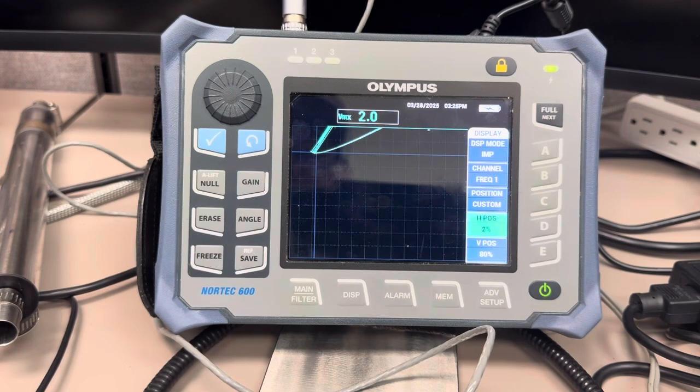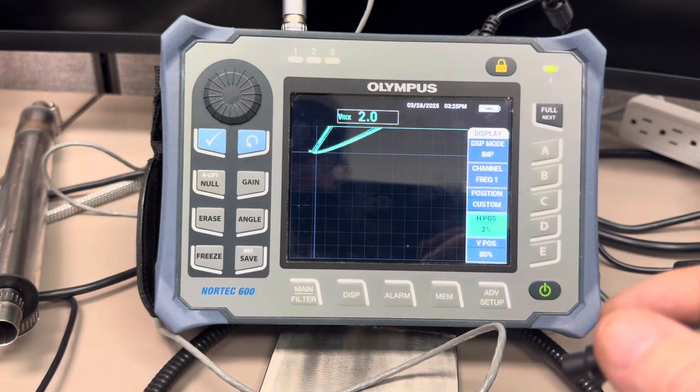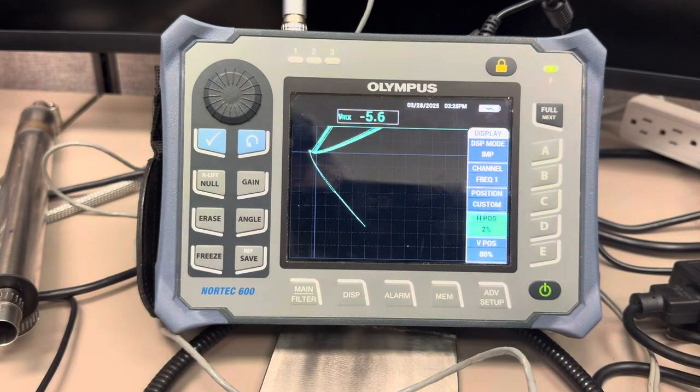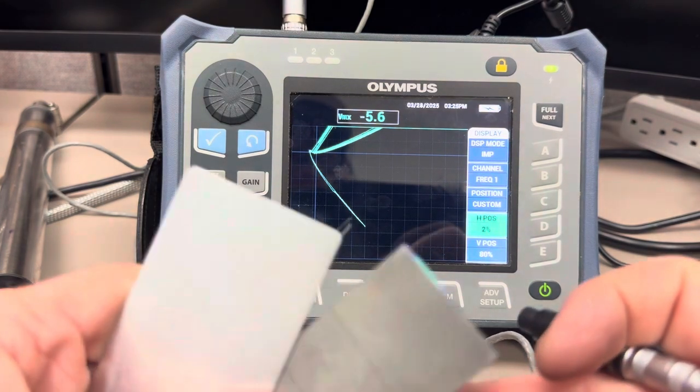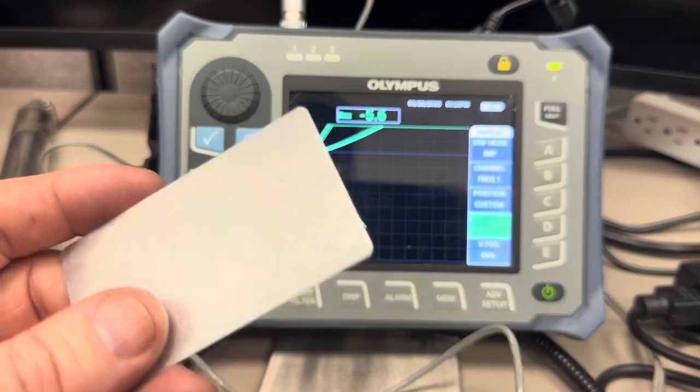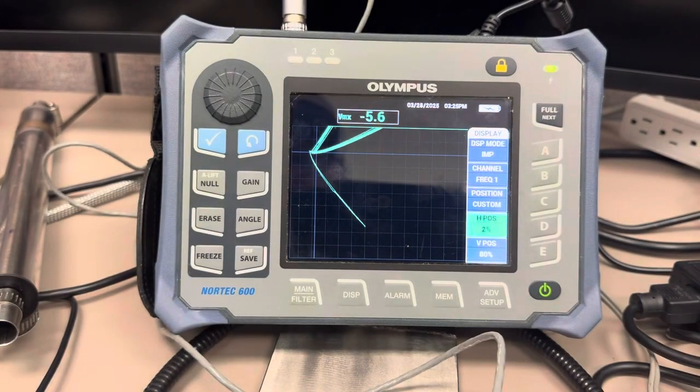It's going up and to the right because it's still being influenced by the base metal. If it was only aluminum, it would go down. But since it's carbon steel magnetic material on the bottom and non-ferrous aluminum on top, it's still going to go up because the aluminum is fairly thin yet.